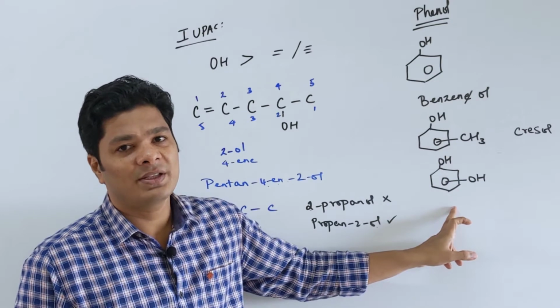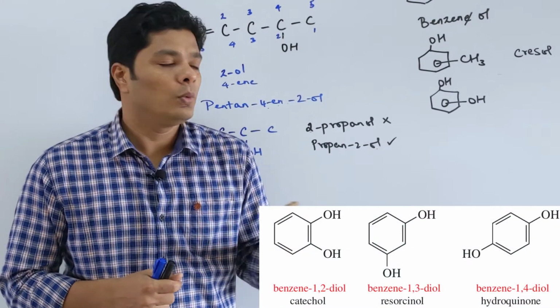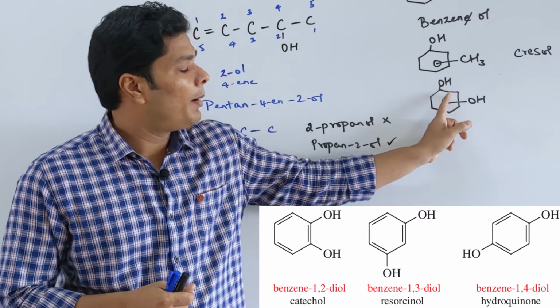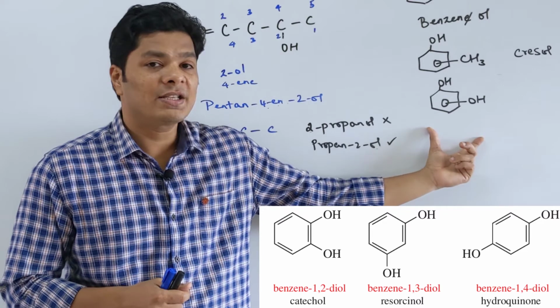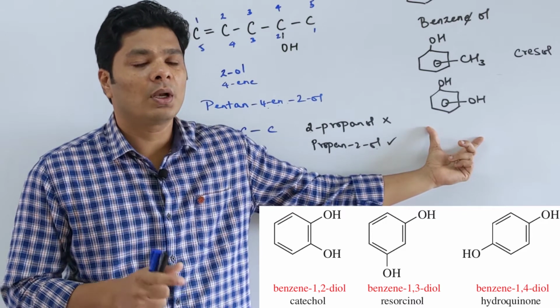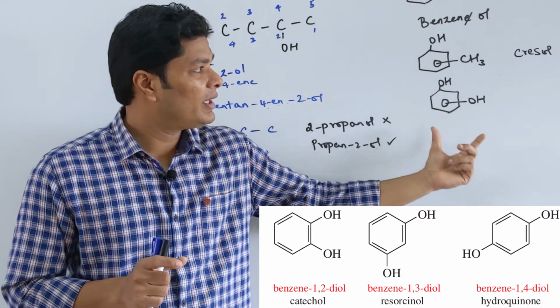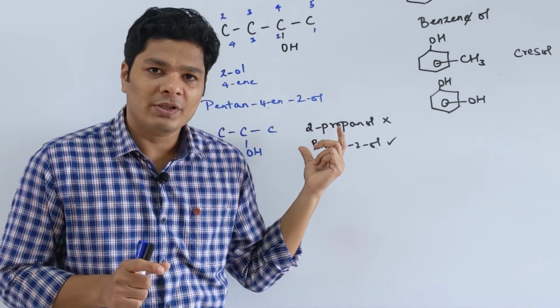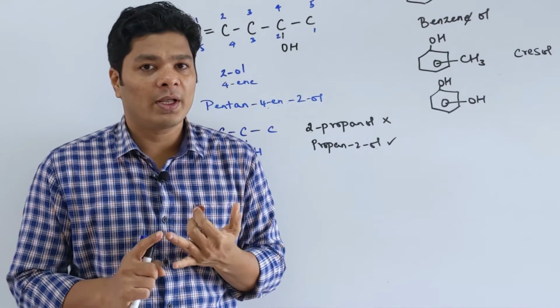That is your IUPAC naming. When it comes to common names, the 1,2 derivative, benzene-1,2-diol, is called catechol, 1,3 is called resorcinol, and 1,4 is called quinol or hydroquinone. These are the examples that are in your syllabus. Again, you want to remember the priority of functional groups and name them accordingly.